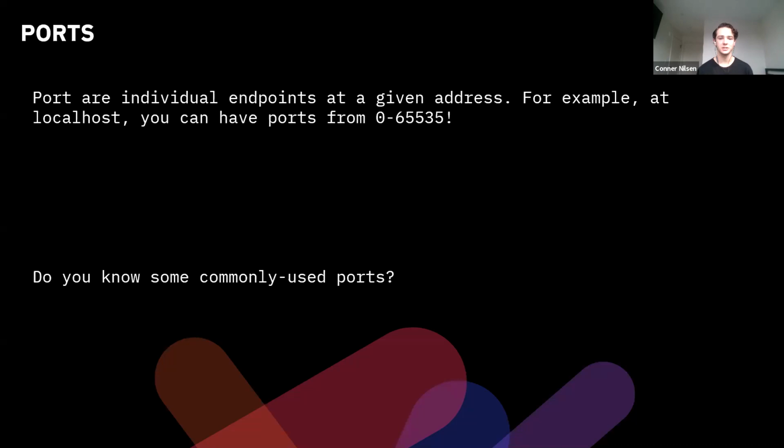You also said 22, which is, yeah, that one is secure shell, which is a very important one. If you're taking networks or computer systems, you'll be using those a lot. So SSH is a very important one, and it makes working with other computers really nice sometimes.